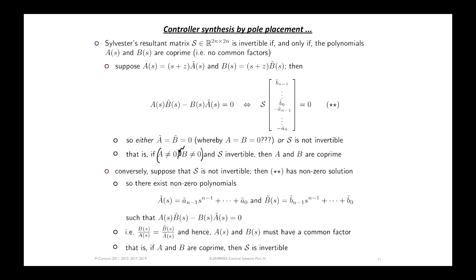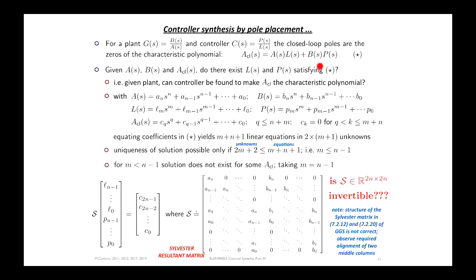a standing assumption. So the way the proof goes is by saying, well, let's suppose that A and B are not co-prime, all right? So in other words, they have a common factor, S plus Z. That's what it means to be not co-prime. If that's the case, then you can write down this equation, which looks very similar to the equation here that gives rise to this system of equations by matching coefficients, right?